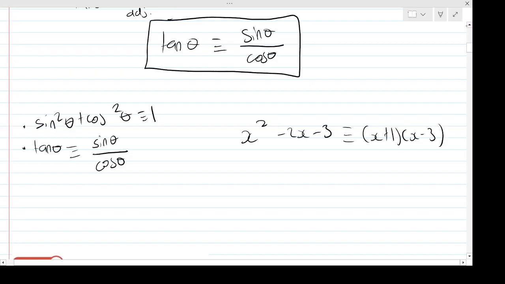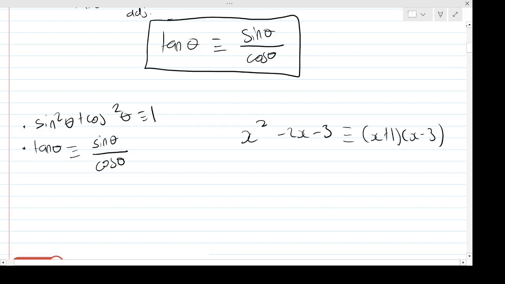I can say that it's identical, meaning the left hand side of the identity is always the same as the right hand side, so they're equivalent. These two expressions are equivalent. That's what the identity is saying. So when we want to prove an identity, if we want to prove this is actually true, obviously we've got a left-hand side and a right-hand side.